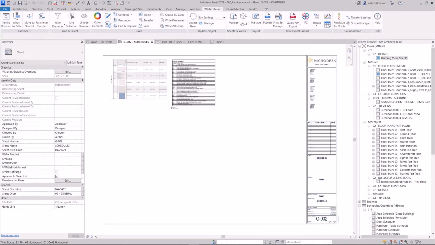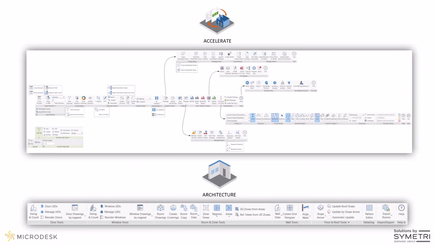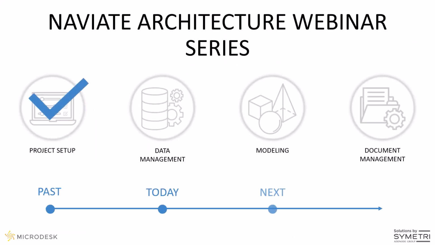So there is so much more in Naviate Accelerate and Architecture that I, of course, didn't show you today that has to do with data management, but also so much more for project setup, modeling, and documentation. So definitely check it out, try them out, and see which features work best for your company and your workflows. This is, like I mentioned, part of an entire webinar series of Naviate Architecture.